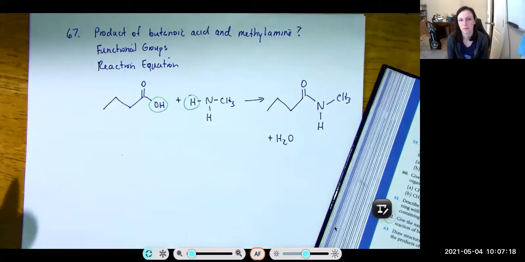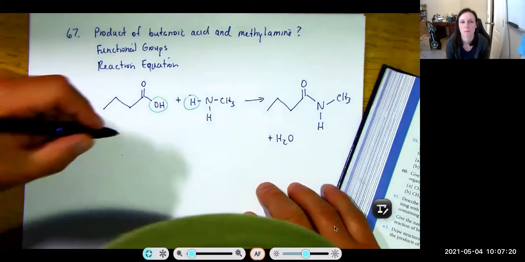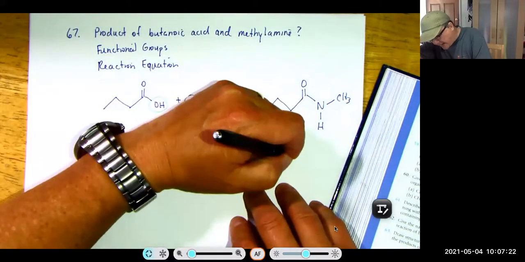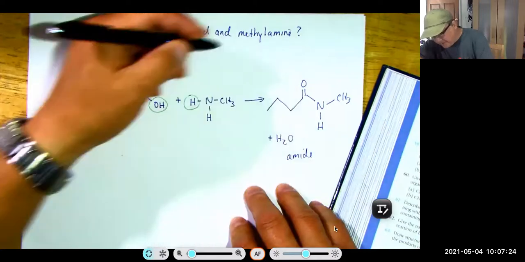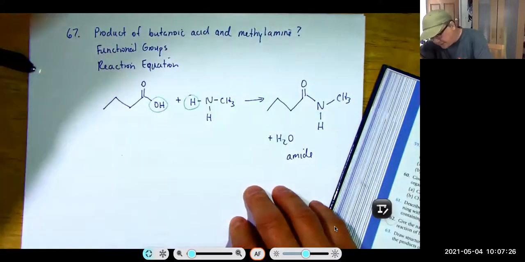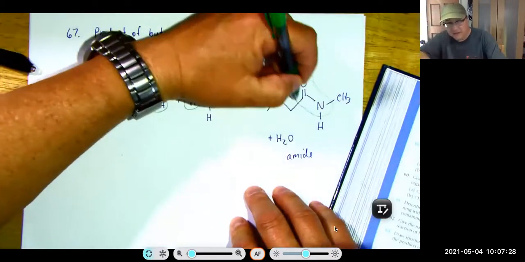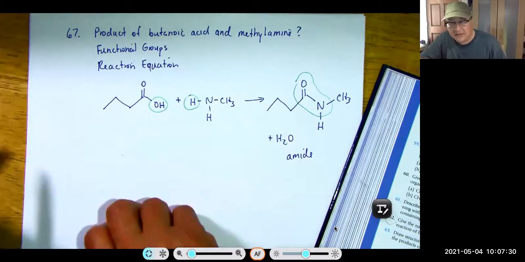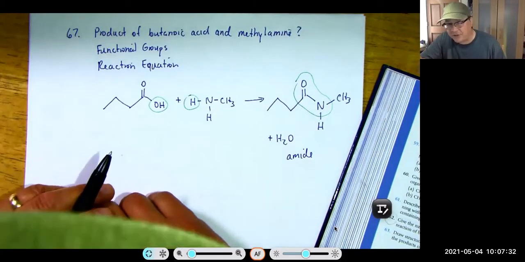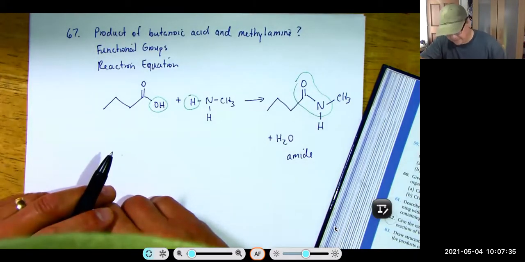Okay, great. Now, the product is called an amide. And the amide is because you have this right here, a carbonyl bonded to a nitrogen.